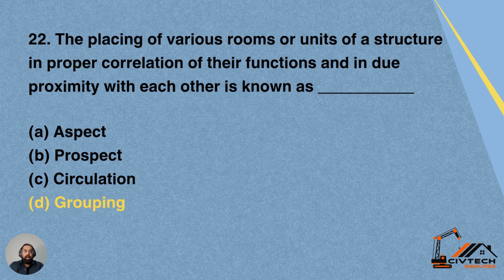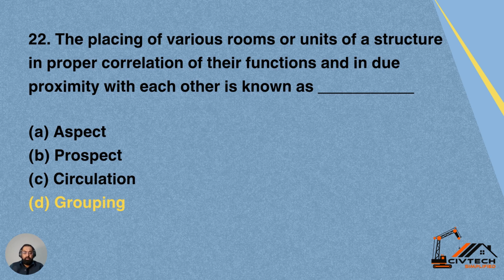Question number 22. The placing of various rooms or units of a structure in proper correlation of their functions and in due proximity with each other is known as: A aspect, B prospect, C circulation, D grouping.